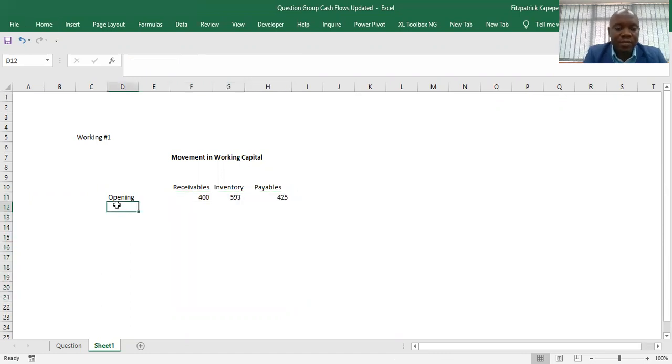I guess there was some acquisition which actually increased the working capital, the receivables, inventory, and payables.